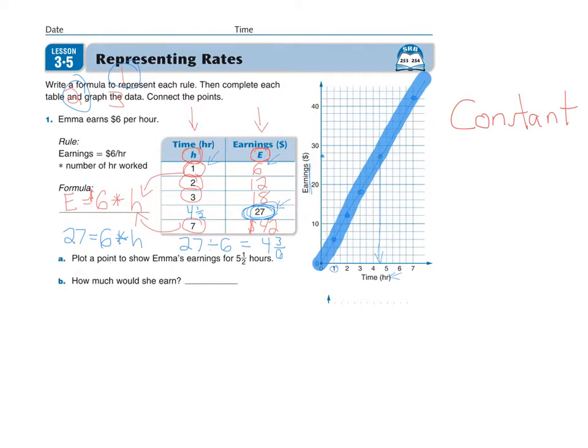She's getting paid $6 per hour no matter what. And so our graph forms a straight line because we are constantly going up the same amount. Every time we go up an hour, we're going up $6. That is called a constant rate. Most of the things you do today will be constant rates, so hopefully you do see straight lines in your work. So good luck in your work today working with formulas, tables, and graphs.